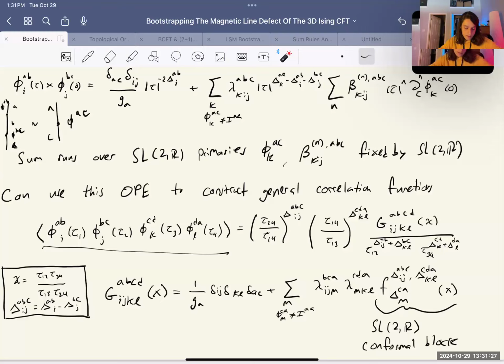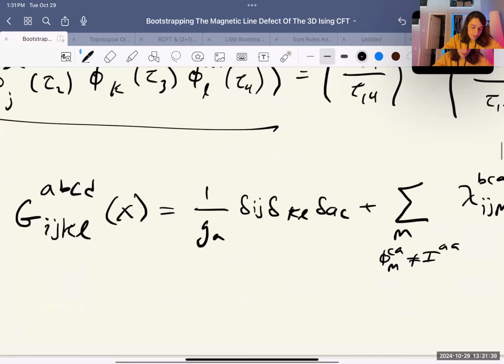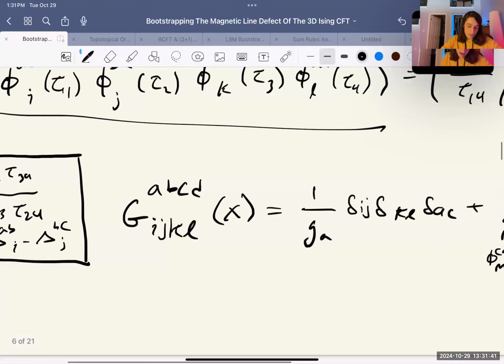So if you think about using the OPE to solve these different correlation functions, let's say we have 4 operators and we take the OPE a bunch of times, then ultimately this will just be the expectation value of the identity weighted by all these different contributions from all these operators.